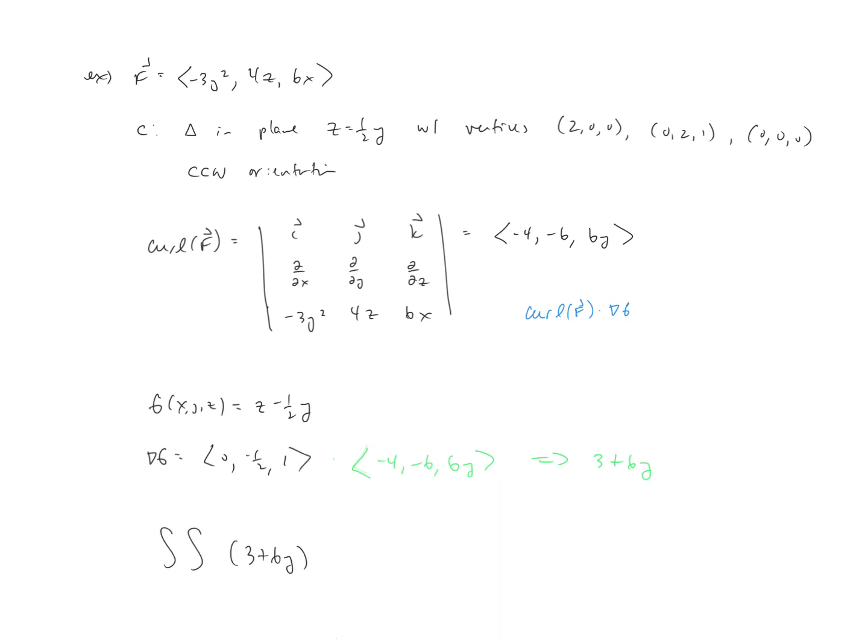And then we just need to focus now on our region. We're going to have a combination of dy dx or dx dy over here, but again, that's going to be dependent upon what we're dealing with now in R2. So if I take this, I know that I have the surface here with these vertices. So now I'm going to project this into R2. And if I project this into R2, this vertex is going to be 2, 0.